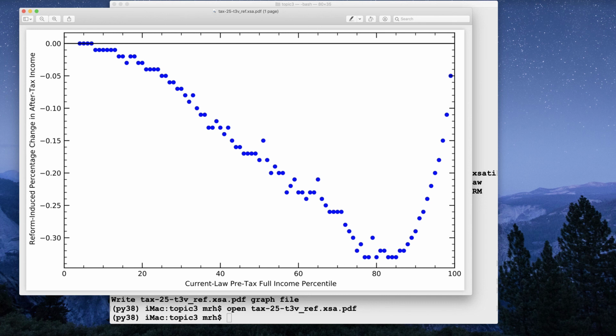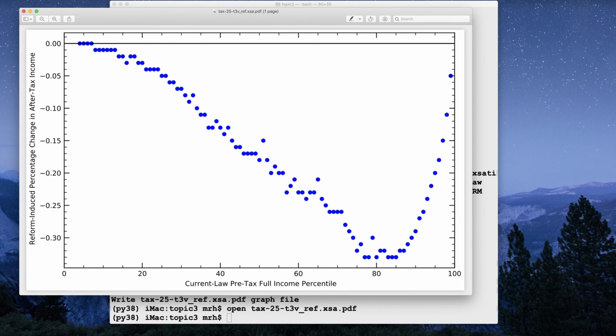Remember, this is not a refundable credit, it's a deduction against your aggregate income that reduces your chargeable income. So this is in percentage terms. So this is teeny. Even the people that are affected the most are only losing 1/3 of 1% of their after-tax income because of this reform.